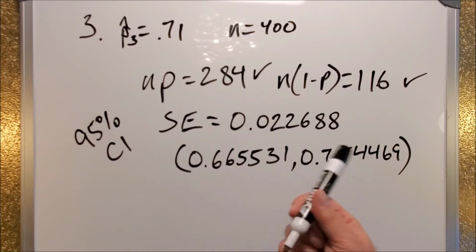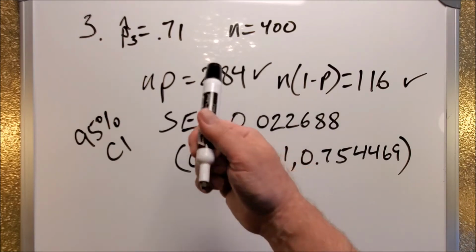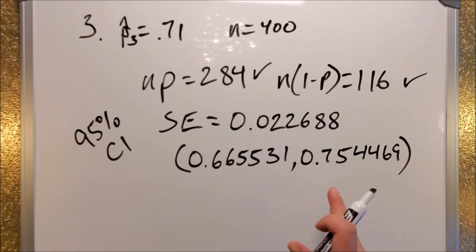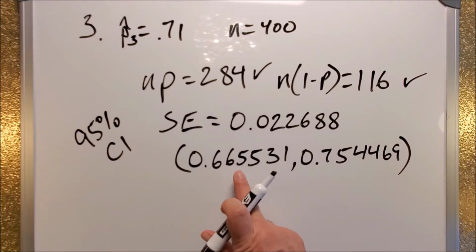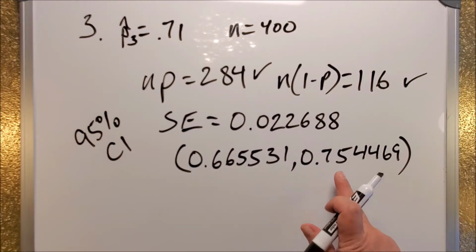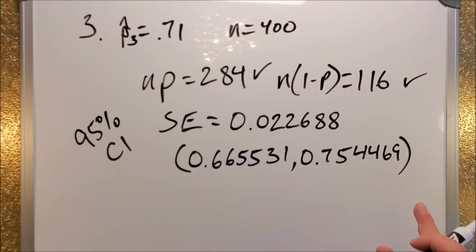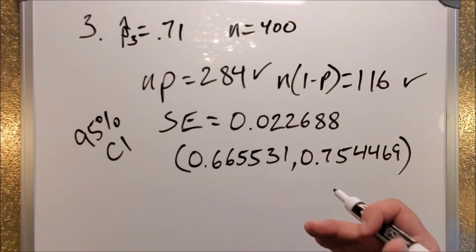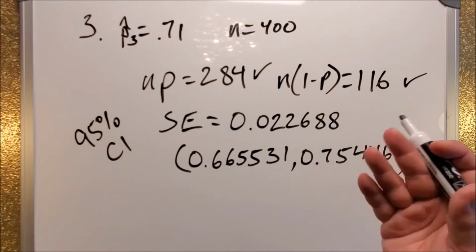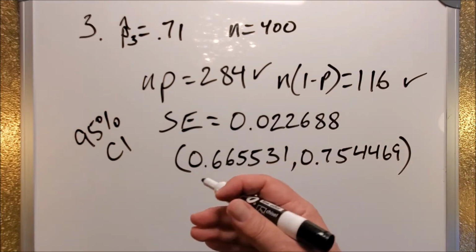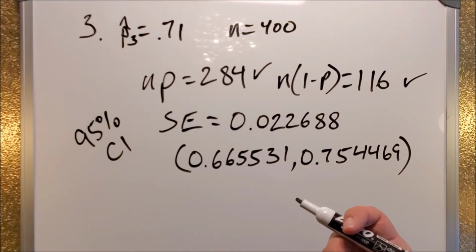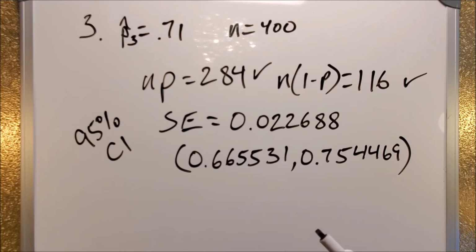We're 95% confident that the true population proportion would be between 66.5531% and 75.4469%. That is an entirely appropriate and rigorous way to present the answer, especially since I use the word confident, not probability. We really say it's a confidence interval.